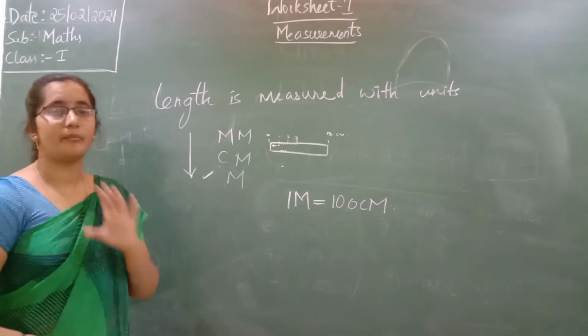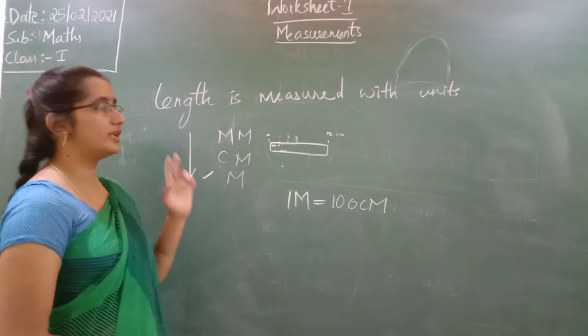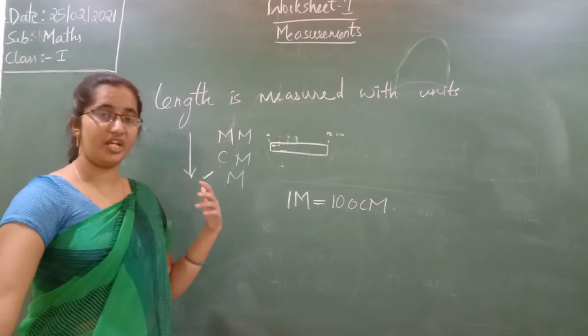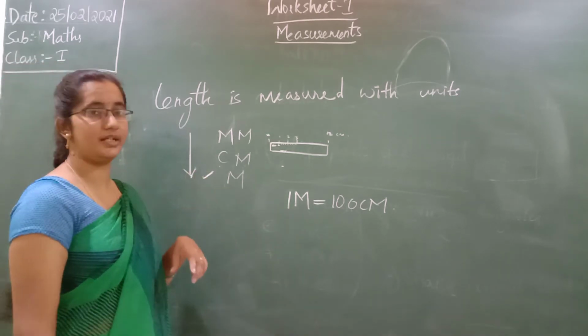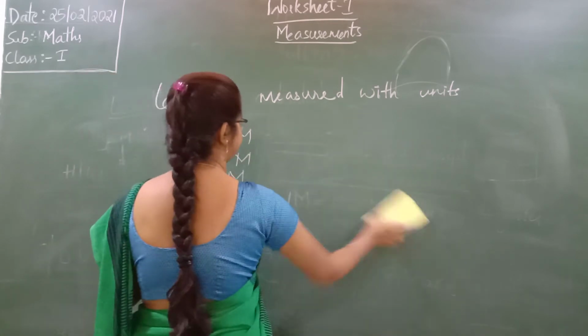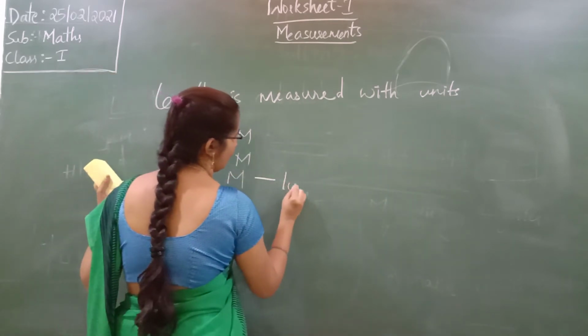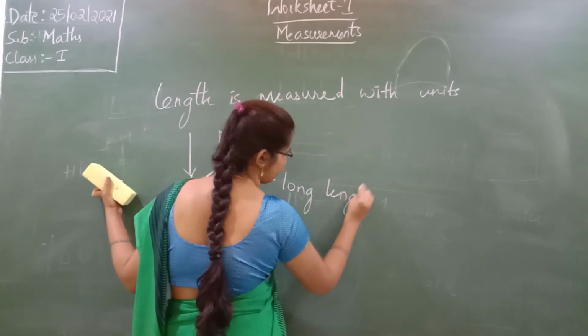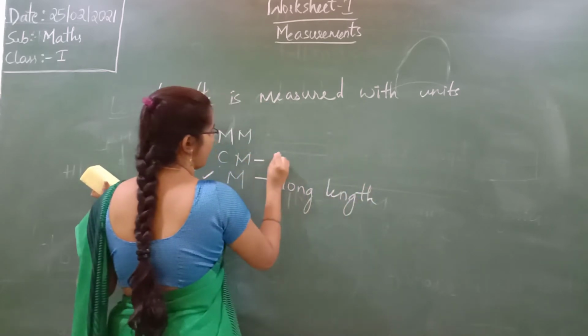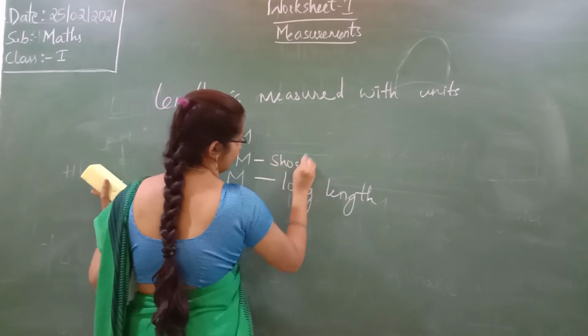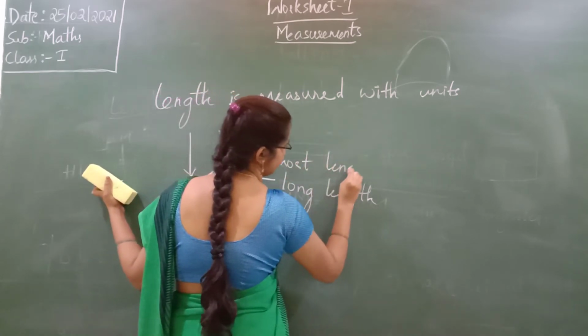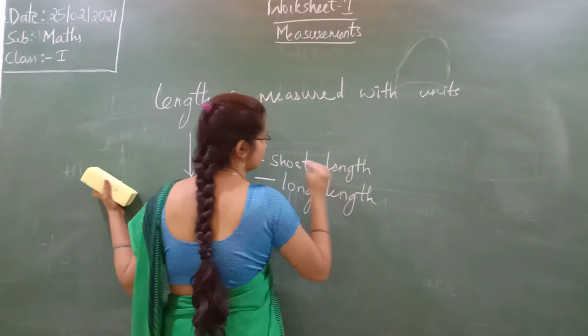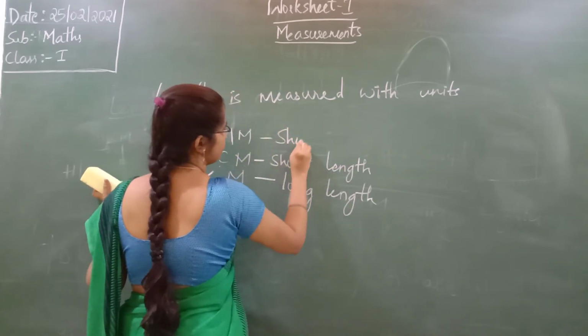Meter is the most. When we measure very long length, we go with meters. Long length, short length, shortest length.